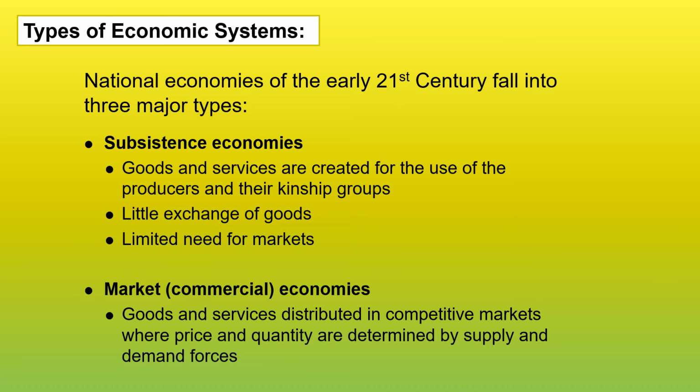Versus market economies, commercial economies, and that's most of the world, where goods and services are produced for sale. And it's supply and demand that determines how much is manufactured, how much is purchased. There's also another type that we'll look at, and that's given the term planned economies. That's another way of saying socialist or communist economies.